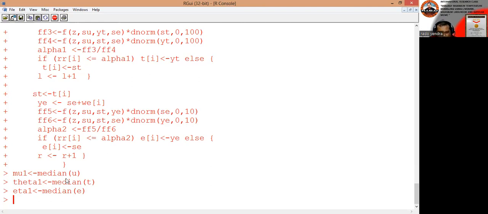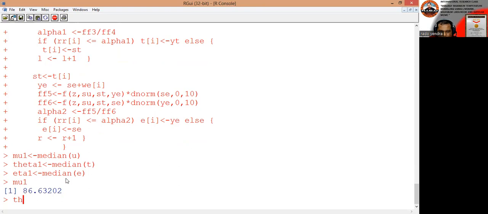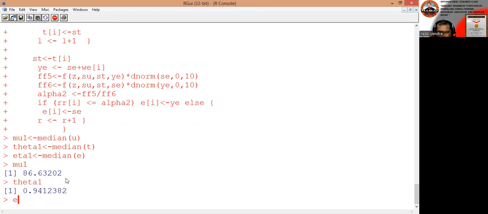Okay, we have succeeded in running our program. We can check the MU1, the theta 1, and then the eta 1.